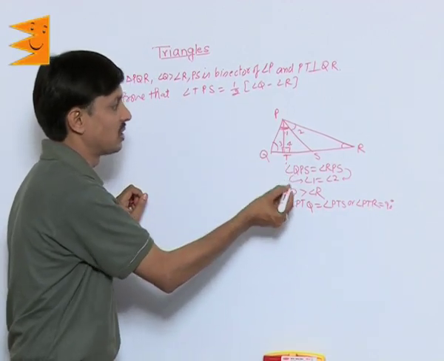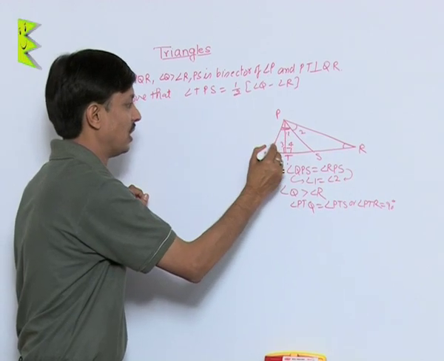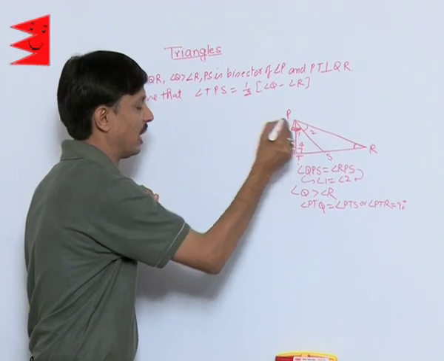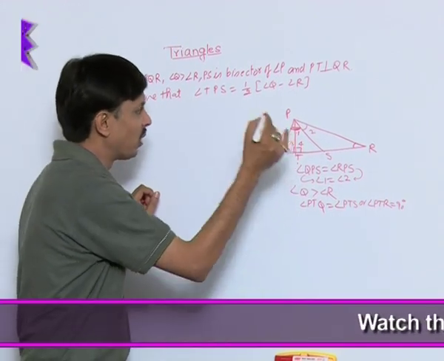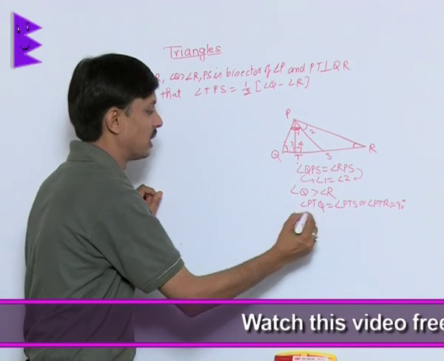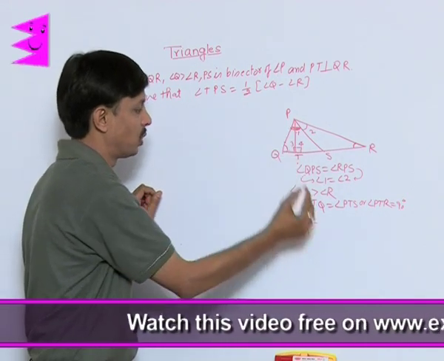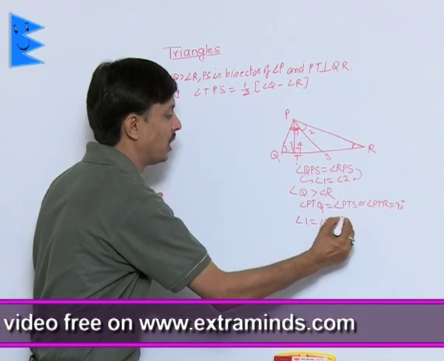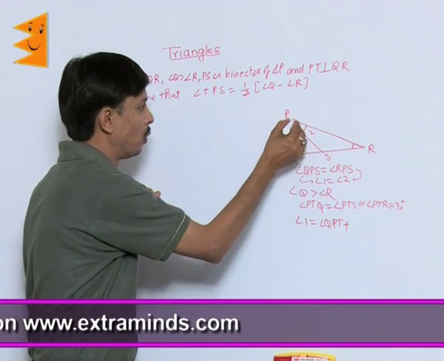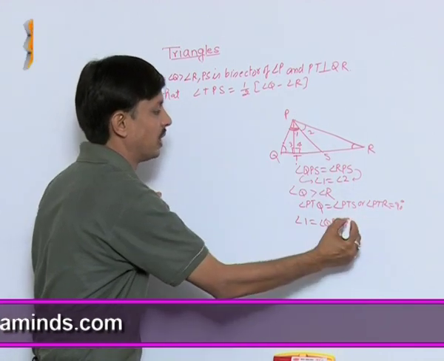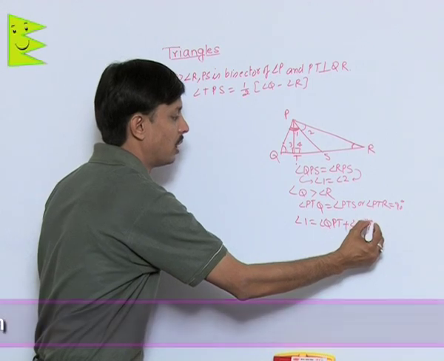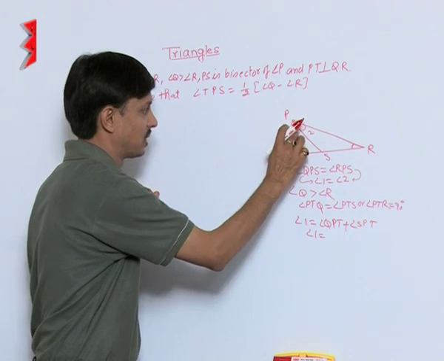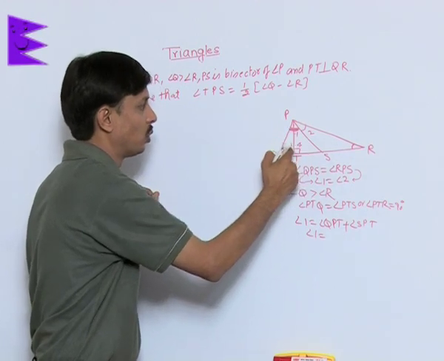So these are some conclusions I am writing side by side. This is angle Q, which is greater than angle R. Angle 1 means the entire angle. Now I can also write that angle 1 is the sum of two angles, that is angle QPT plus angle SPT. So this entire angle is the sum of 5 and 6.